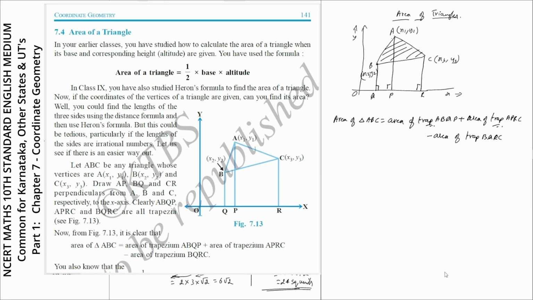Now from the figure it's very clear that area of triangle ABC is nothing but if you add the area of this trapezium and also if you add the area of this trapezium and if you subtract the area of this trapezium, you will get the area of triangle ABC. That is, area of triangle ABC is given by area of trapezium ABQP plus area of trapezium APRC minus area of trapezium BQRC.